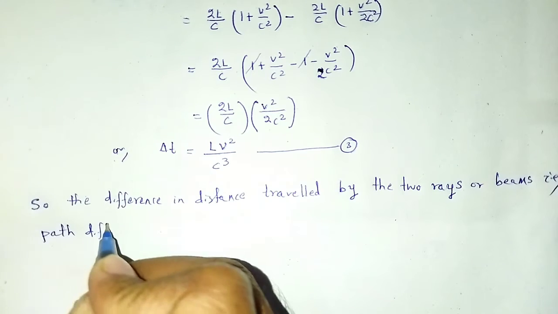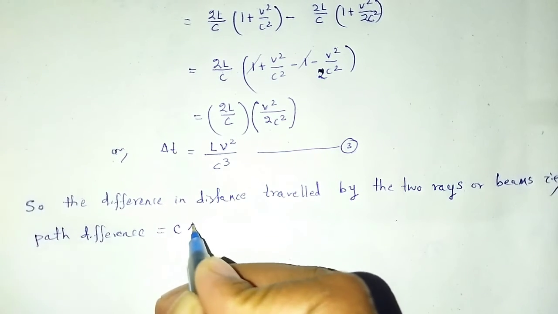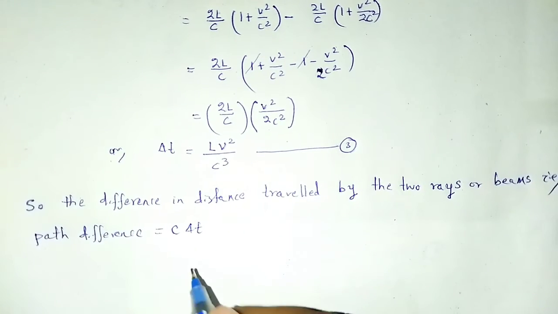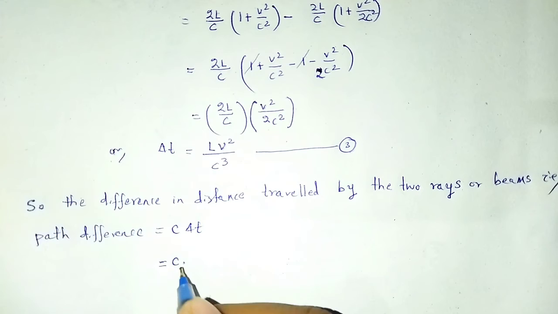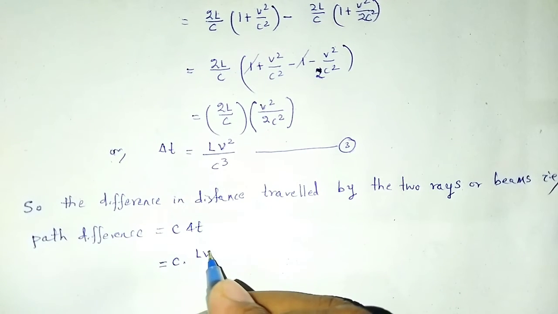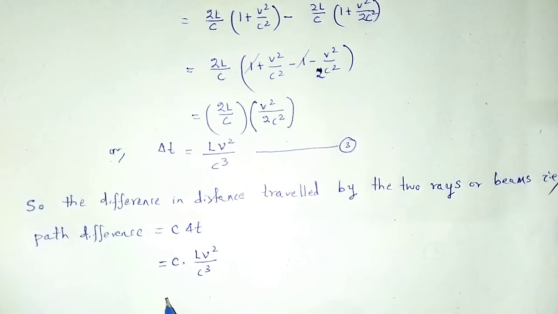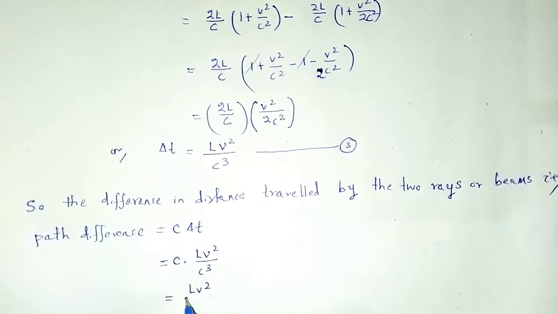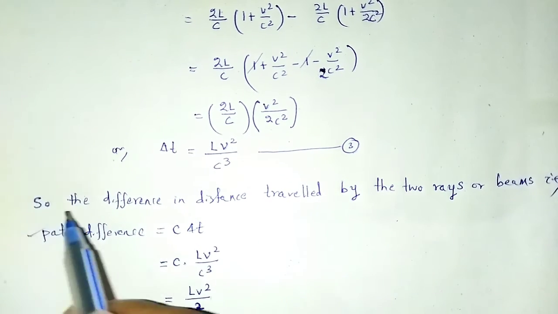The path difference is equal to C into del T. Putting in the value of del T, that is L V square divided by C cube, we get L V square divided by C square. This is the path difference.